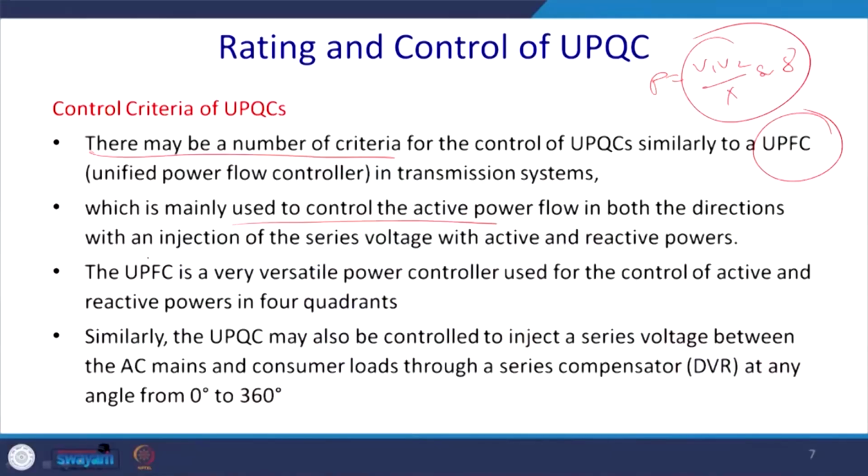So, why can't it act as a UPQC at night, and even in the daytime it can act as a UPQC with the solar cell integrated, and it can also send you the balance of power, not only mitigating the power quality. So, this feature has been an add-on to the power quality, that is the integration of power quality with distributed generation, with injection of the series voltage with active and reactive power.